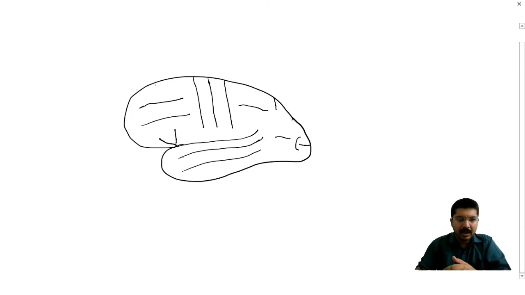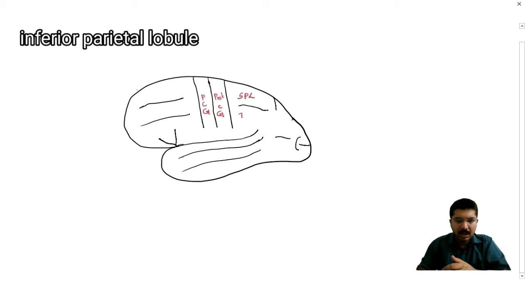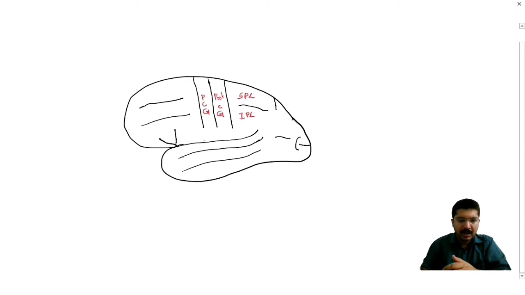So if you look at it, this is the precentral gyrus. This is the postcentral gyrus. This is the superior parietal lobule. Here it is the inferior parietal lobule.